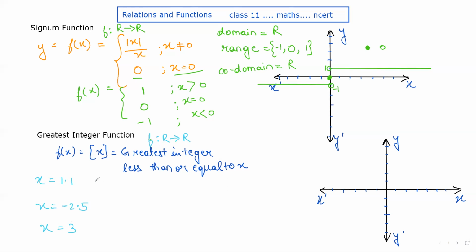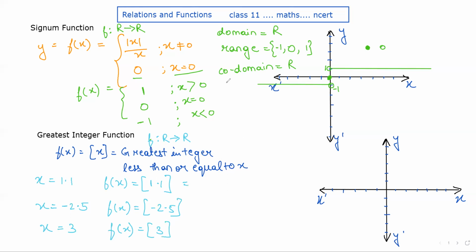Your f of x will be equal to box of 1.1. Here your f of x will be equal to box of -2.5. And in the third scenario, f of x will be equal to box of 3. This value is equal to the greatest integer less than or equal to x.